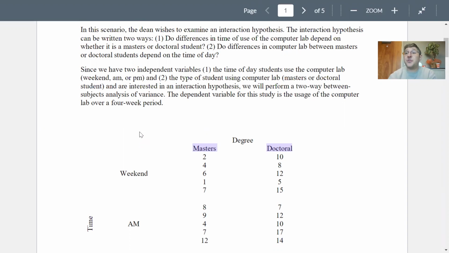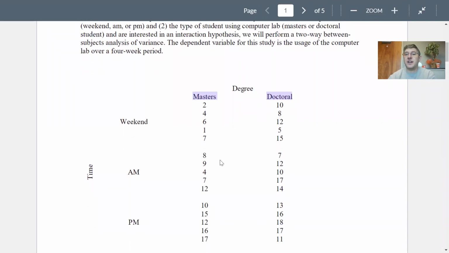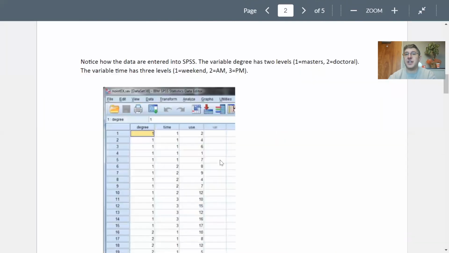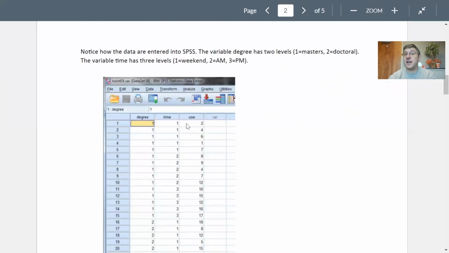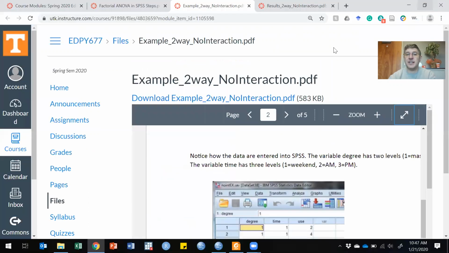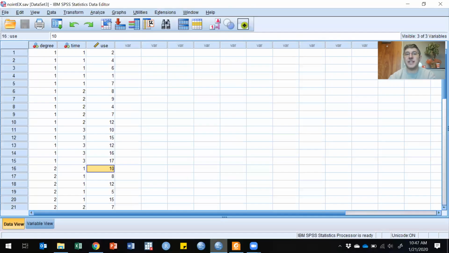So the raw data are given here. You can also see on here, I did a screenshot of how the data would be typed into SPSS, so we can look at that too. Remember in SPSS, each row represents an individual, and each column represents a variable.